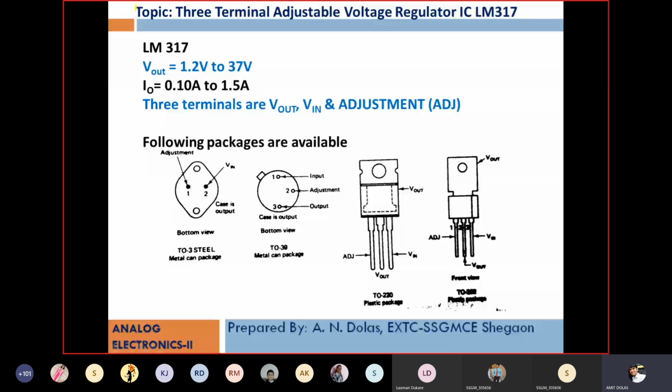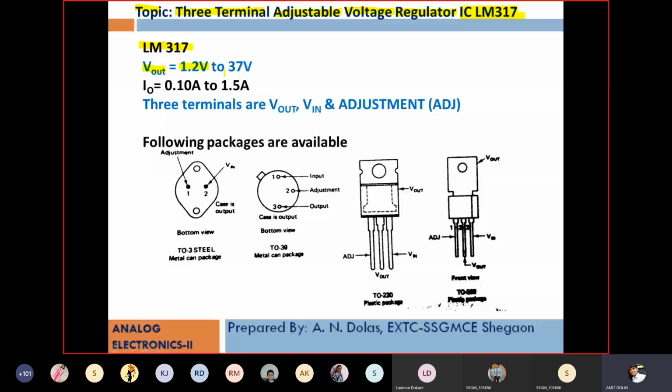So next topic is the 3-terminal adjustable voltage regulator. What we saw earlier was the fixed voltage regulator. Now it is the adjustable voltage regulator, and we have IC LM317 in your syllabus. This is a positive regulator IC, where we can have an output voltage from 1.2 volt up to 37 volt.